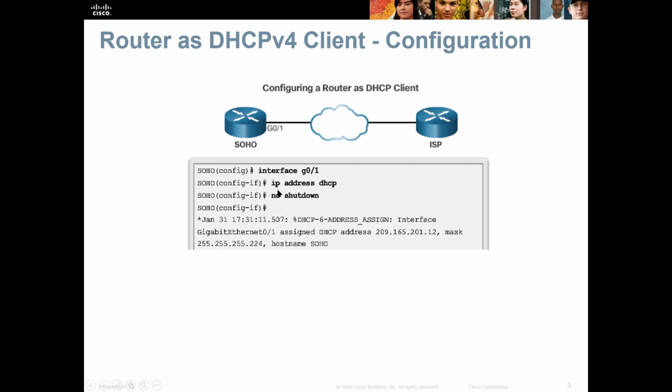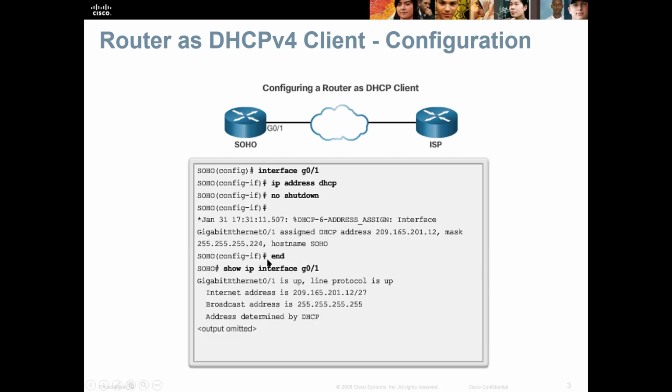interface G0/1, instead of you giving it the address, the ISP here is giving it the address, and this is the address that it's given it, and the mask. Okay, so a pretty tight mask, 224. There's only a few other addresses in that mask, and it's chosen to give it address 12.